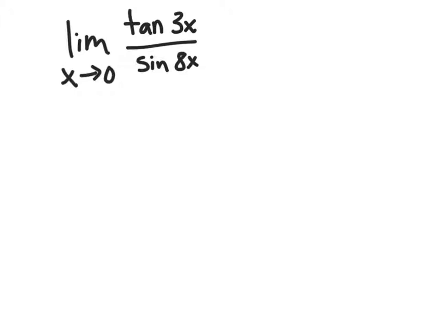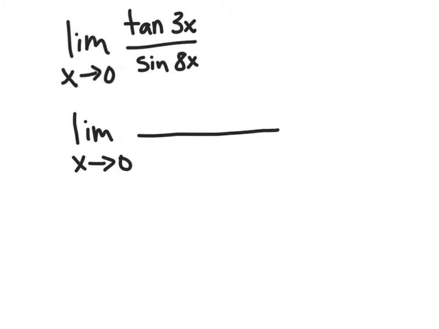And so what we want to do is break these things down into their parts. And by that I mean, you know that tangent of 3x is really sine of 3x over cosine of 3x. And so what I usually do is I spread this fraction out, and it's still one fraction, but I kind of break up the factors.